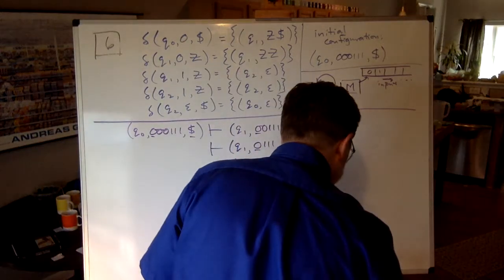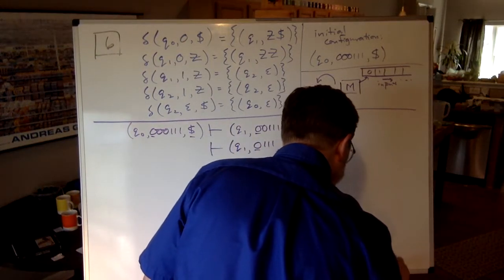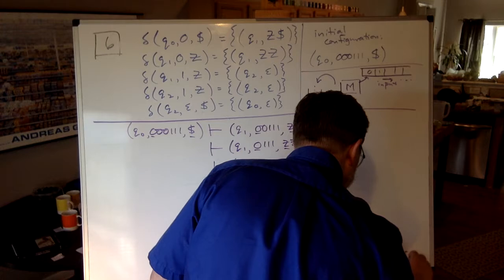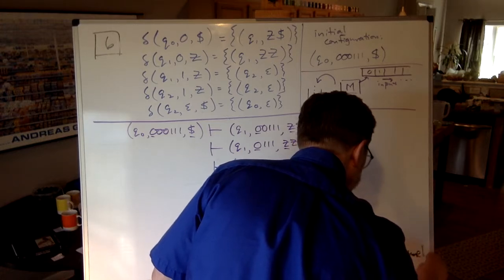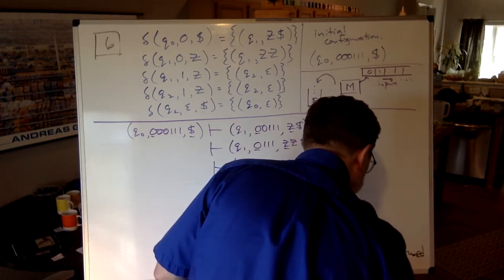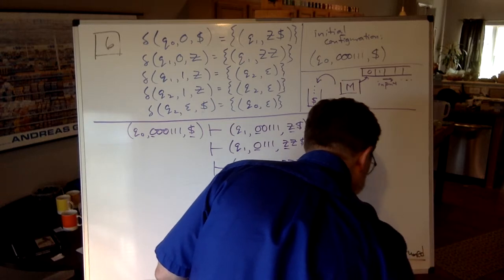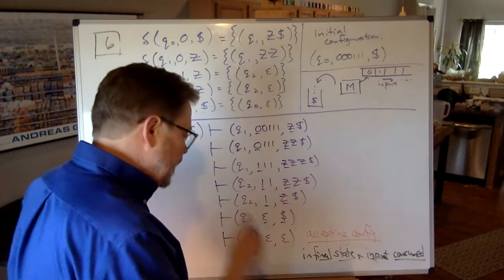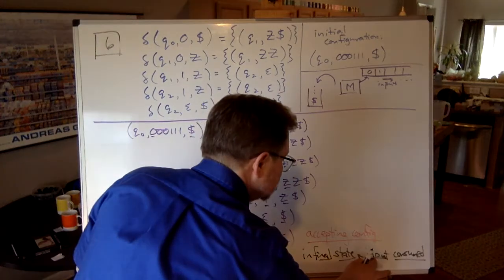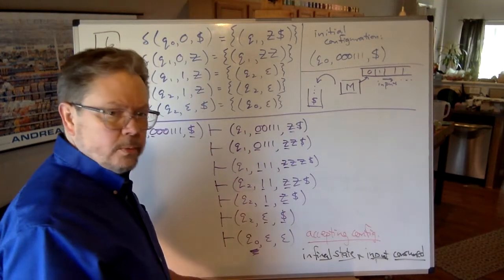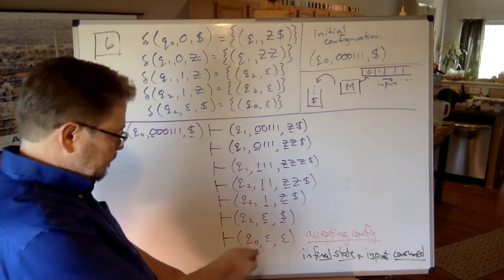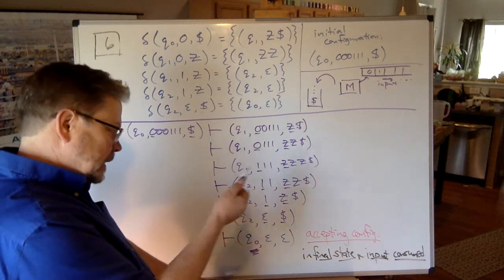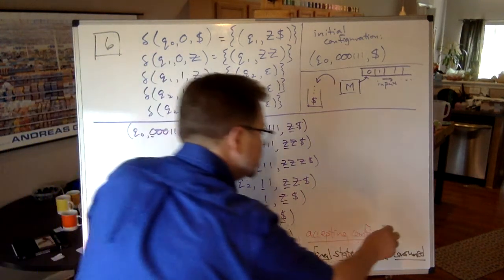All the input is consumed. I'm underlining. I didn't mean to mark that out. Sorry. The lower I get on the board, the more illegible my handwriting is, just like school. I'm in a final state and the input is consumed, so that's accepting.